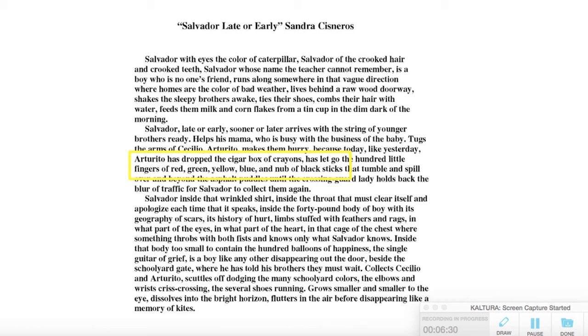There's something threatening here. Another symbol of innocence is the balloons. But again, even though they're light, it says that Salvador's body is too small for them. The imagery of him seems heavy, and there is something foreboding about the tone at the end of the piece, like something bad is going to happen to Salvador.